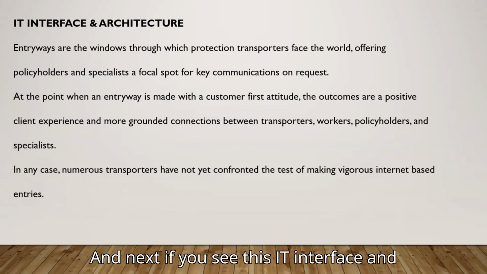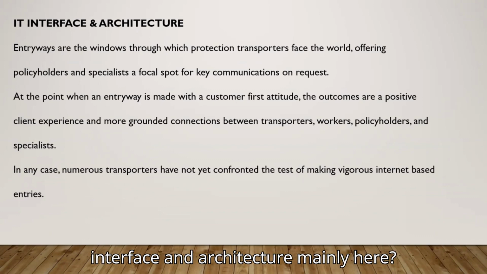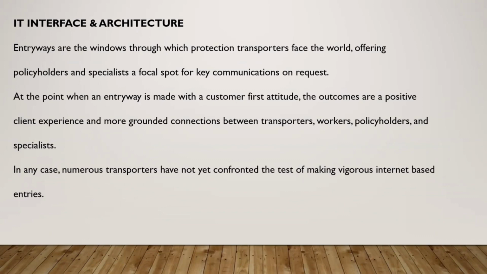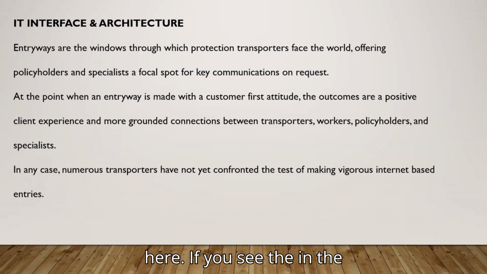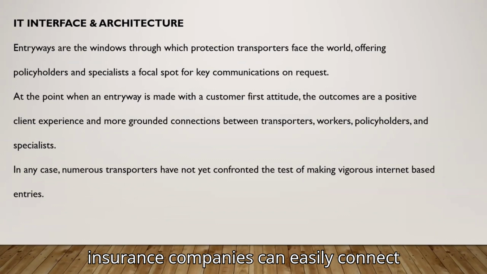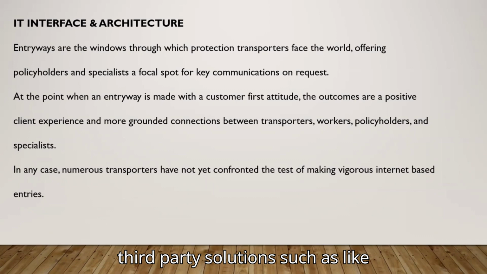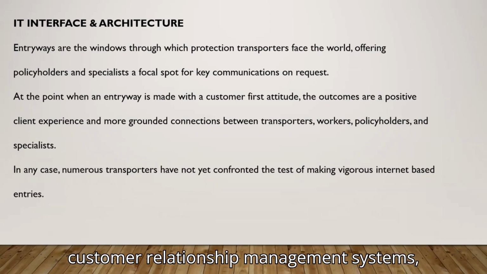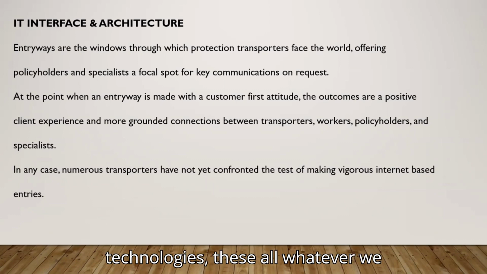And next, if you see this IT interface and architecture, so what is this IT interface and architecture? Mainly here, the entryways are very, very important. Here, insurance companies can easily connect with the software platforms with their third party solutions, such as data analytics tools, customer relationship management systems, and, as you all know, artificial intelligence technologies.